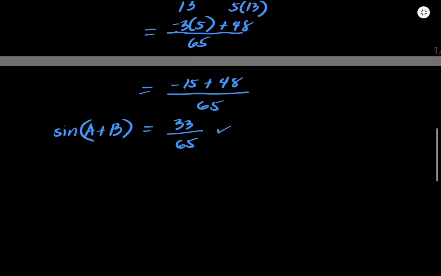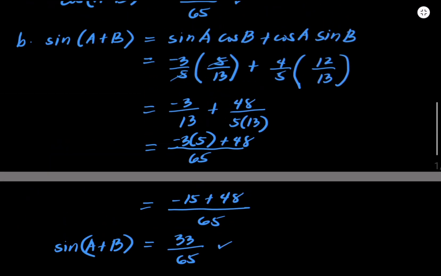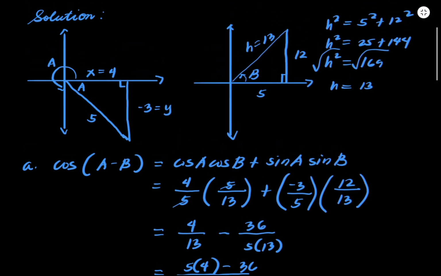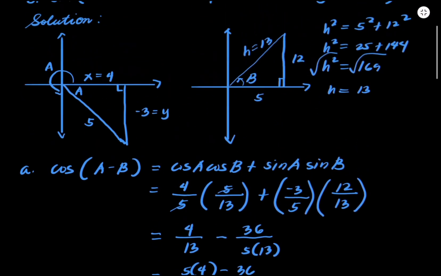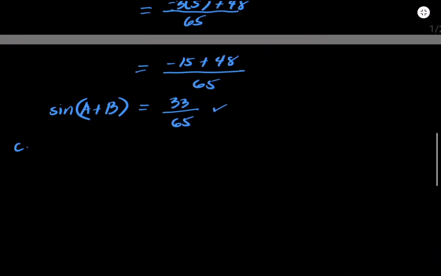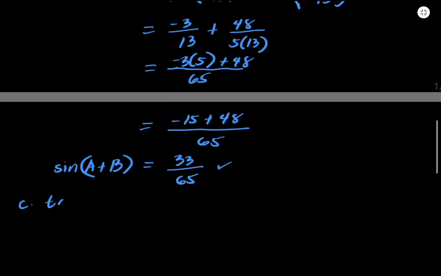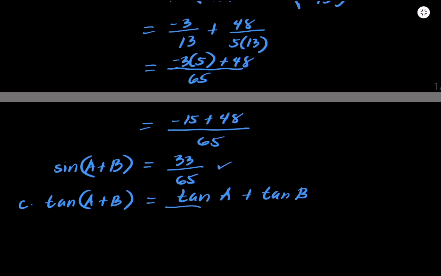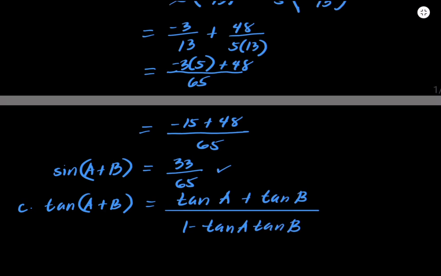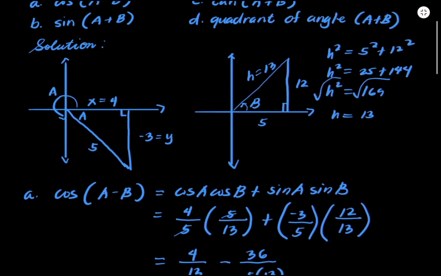Okay, next, let us solve for item C. So item C is what? Item C is tangent A plus B. If you have tangent A plus B, that is equal to tangent of A plus tangent of B all over 1 minus the product of tangent A and tangent B. Now what is tangent A?